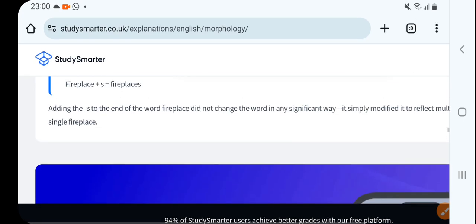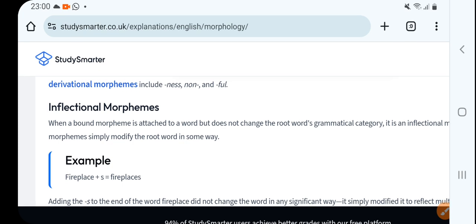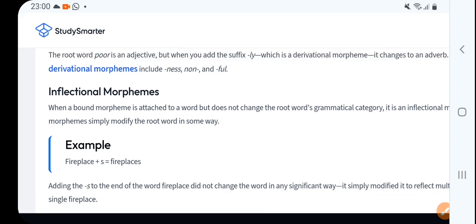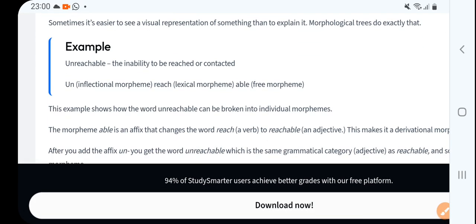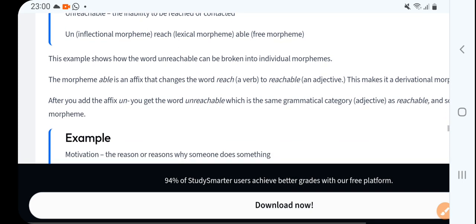It is when a bound morpheme is attached to a word that does not change the meaning, that does not change the grammatical status, un, right? So unreachable, that's an inflectional morpheme. Then reach is a lexical morpheme, and able is a free morpheme. Able has meaning, right? Okay.